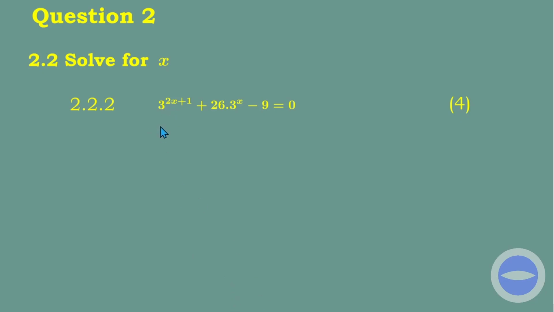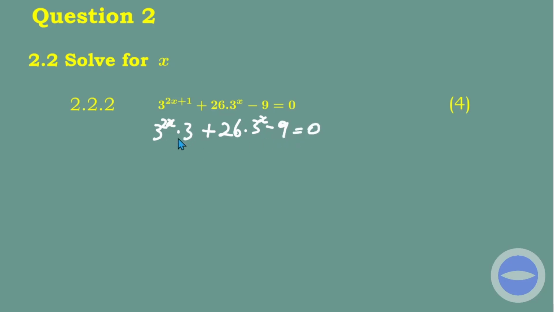I will write it as 3 exponent 2x multiplied by 3 exponent 1, plus 26 times 3 exponent x, minus 9 equals 0.